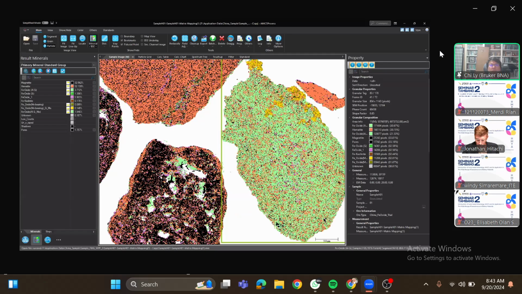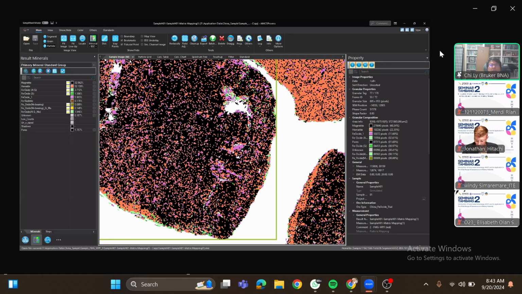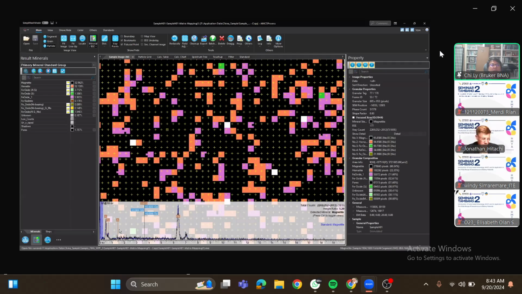And we can do this separation because every single point, as we said before, you can see how many points we've collected, contains a spectrum. And so we can actually interrogate this spectra post-acquisition to actually look at the iron-oxygen ratio and use that as a means of separation of the different materials.